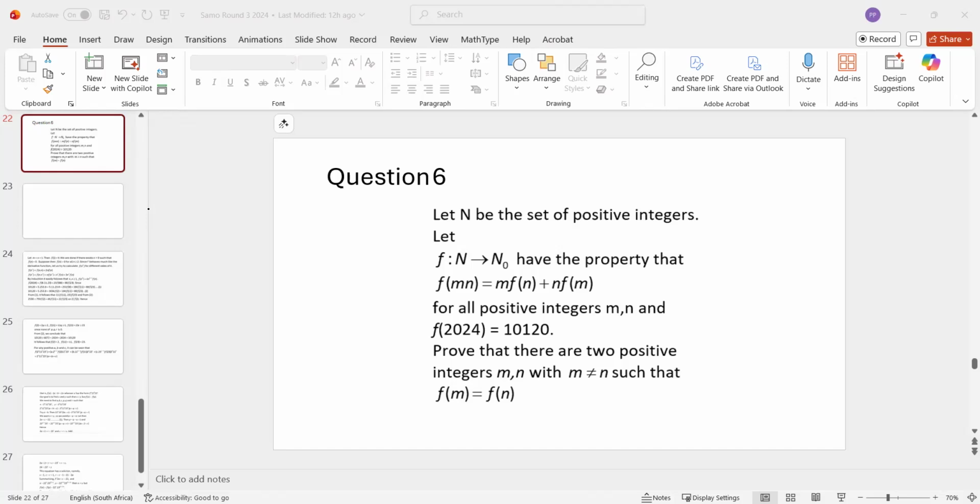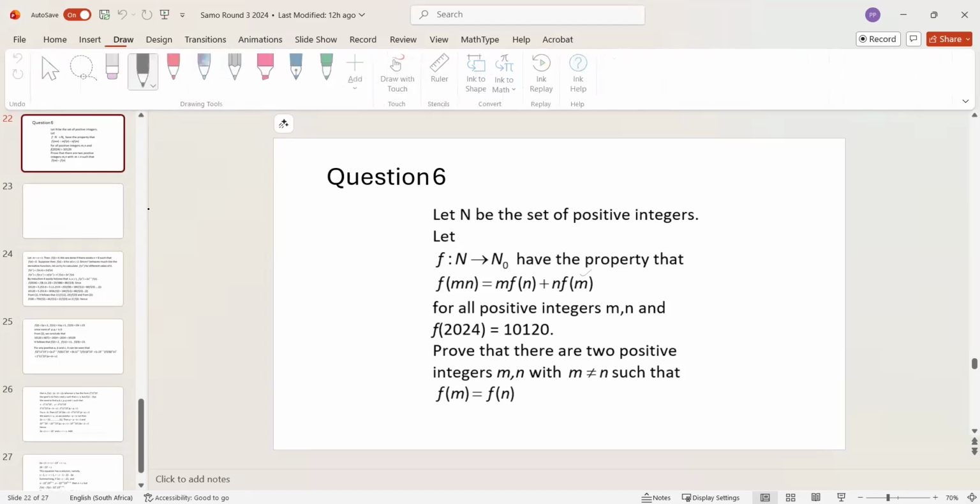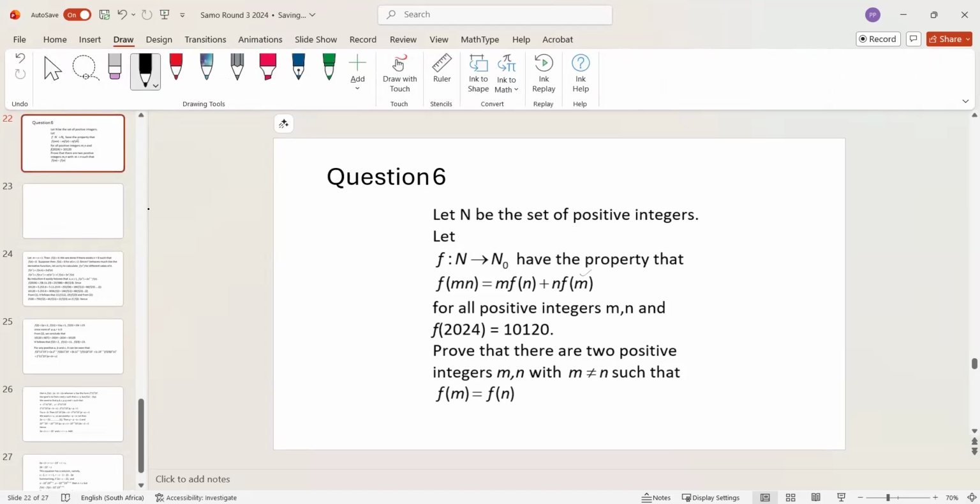This function, what it does is that it takes the image of m, f(m) times n, there it is, and then adds it to the image of n and multiplies by m. That's it there. Okay, so this is the rule.